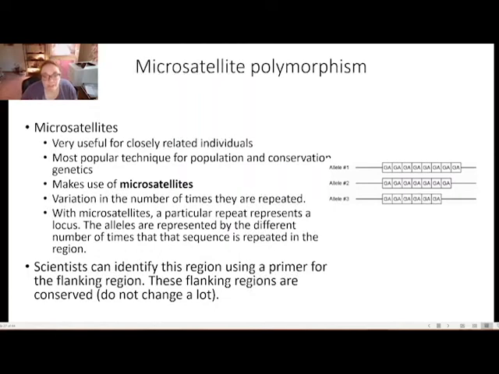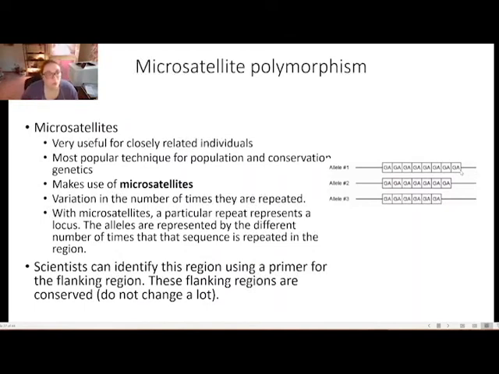What this does is make use of the microsatellites, a specific short sequence of nucleotides that are repeated over and over again. So GA will be your microsatellite repeated over and over again, right? This is the microsatellite, and this is your nucleotide sequence repeated.